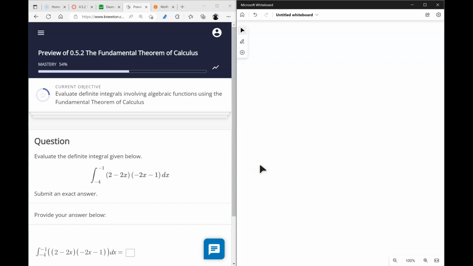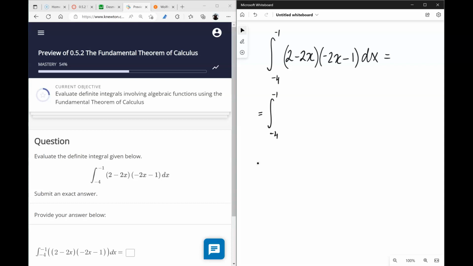We've done a problem like this before when we only had to do the indefinite integral. Now we're going to do the whole thing. First step is to simplify the integrand.